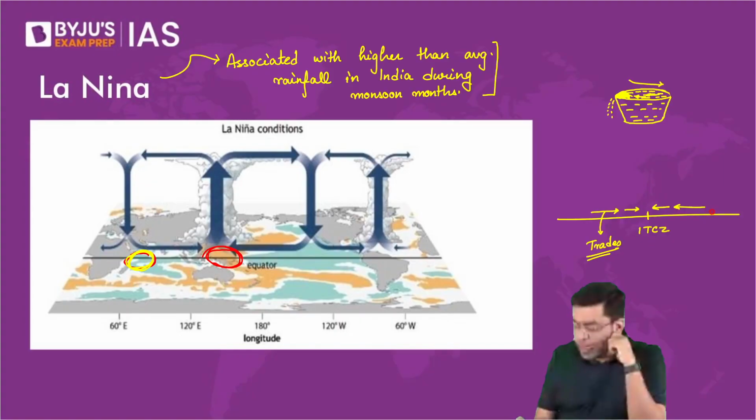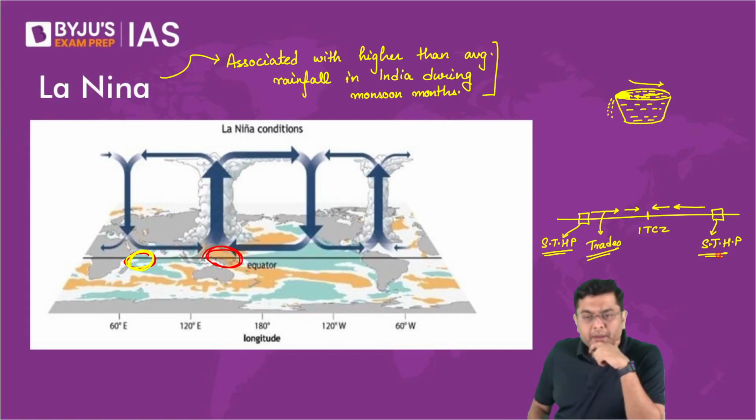So here you have the subtropical high pressure belt. Subtropical high pressure. That can be considered as the origin point of these trade winds.